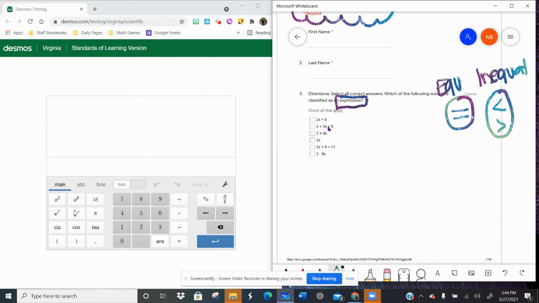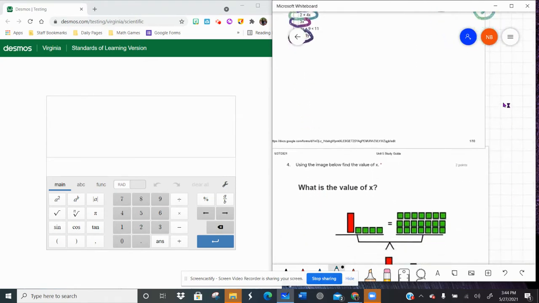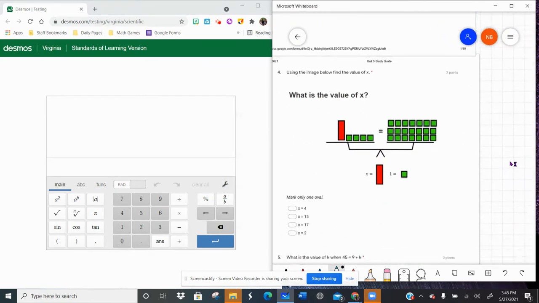Nope, that's an equation. 2 plus 4x: no equal sign, no inequality sign, but I do have an operation. That's an expression. 3x is an expression. 2 minus 8y is an expression. 3x plus 9 is less than 11. That's an inequality. So remember, an expression does not have an equal sign or an inequality sign.